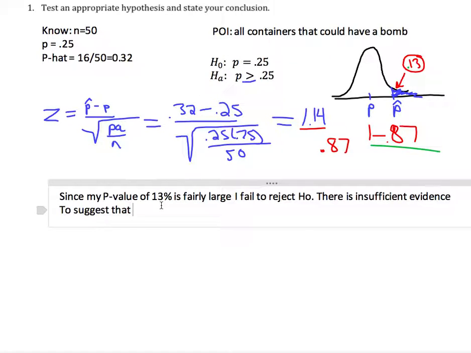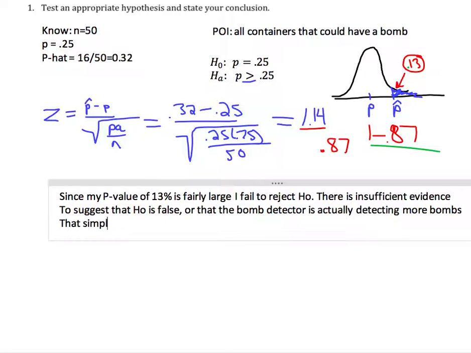So there's insufficient evidence to suggest that, I guess you could put this if you want, H sub O is false, or that the bomb detector is actually detecting more bombs than simply due to random chance, random variation. Okay, so there's my context.